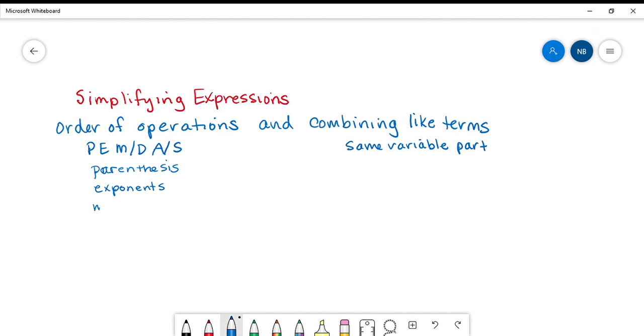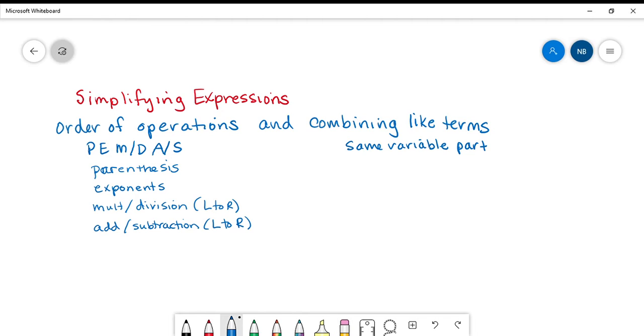And then we have multiplication or division, depending on the order in which they occur. We always want to move from left to right. And last, we have addition and subtraction. And again, depending on the order in which they appear, we want to move from left to right.